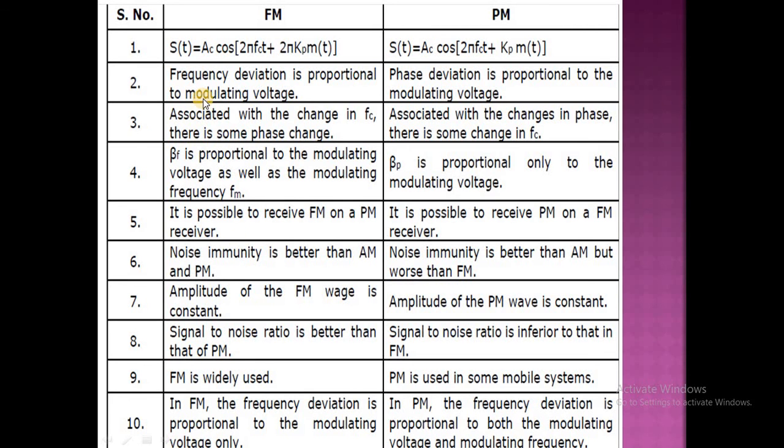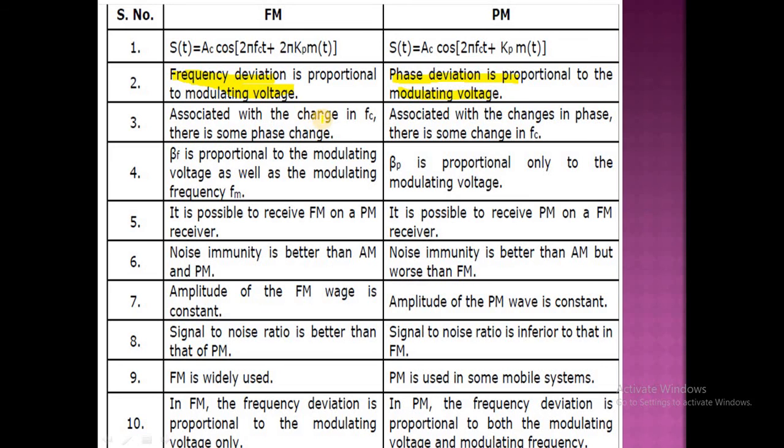And next one, the differences between the FM and the PM. It is the general form of FM. It is the general form of the PM. Here, see here, guys. The frequency deviation is proportional to the modulating voltage in case of FM. In case of PM, phase deviation is proportional to the modulating voltage.